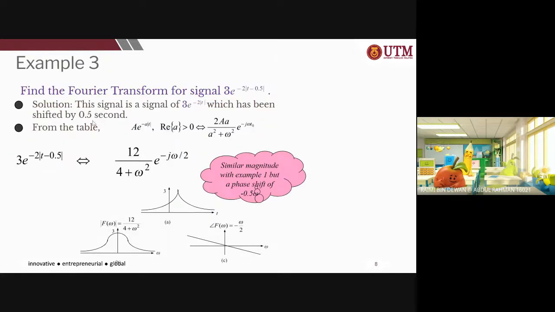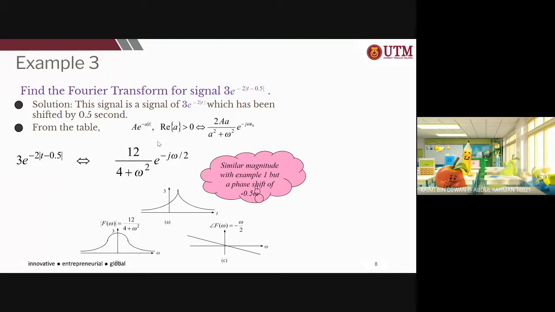So e^(-at), real numbers, and then you first need to identify that this is actually shifted by 0.5 because of the signal.